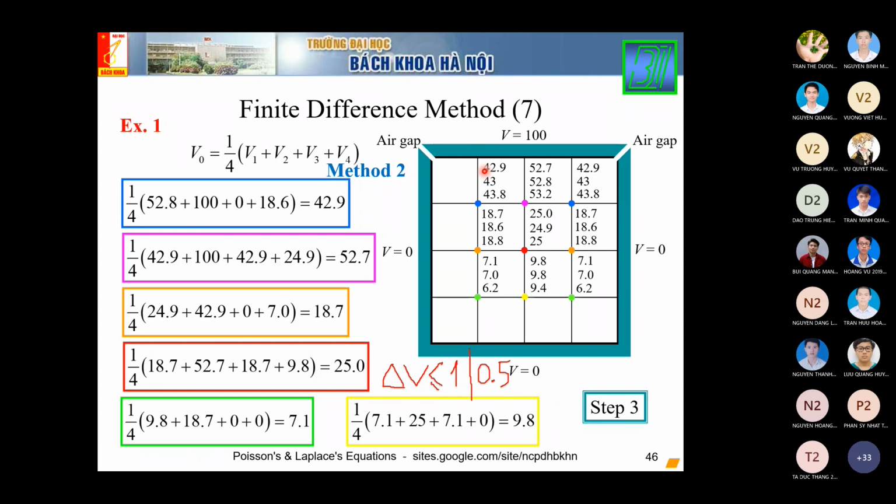Can you get this idea? I think this is not very difficult, but you can ask me anytime. So if you want to use the iterative method to solve this kind of exercise, you have to check the absolute error and verify whether it satisfies the given condition, the given criterion. Okay.